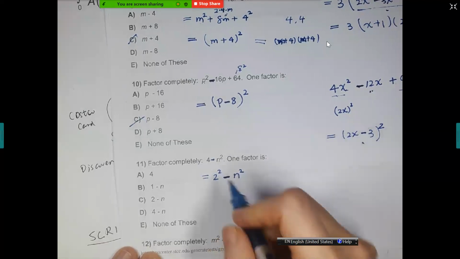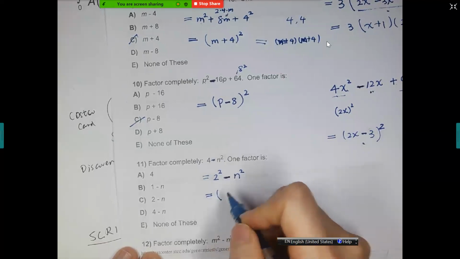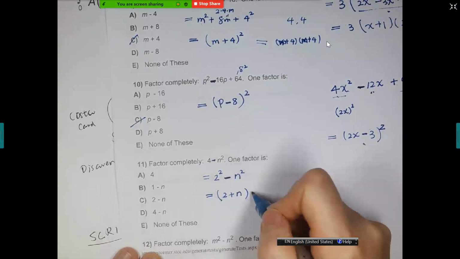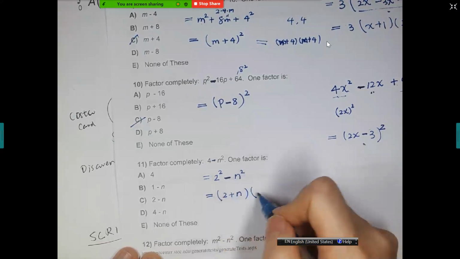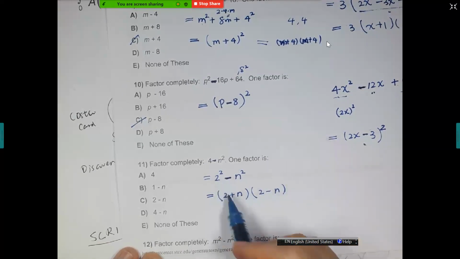We are going to write down the sum of the two bases, 2 plus n, and then the difference of the two bases, 2 minus n. Follow the order: first one still first, second one still second when we do the subtraction. So first base plus second base times first base minus second base.